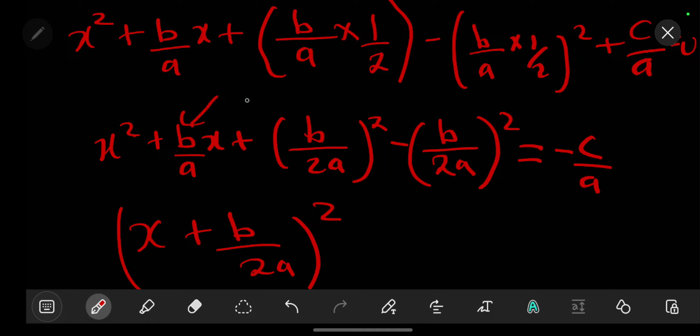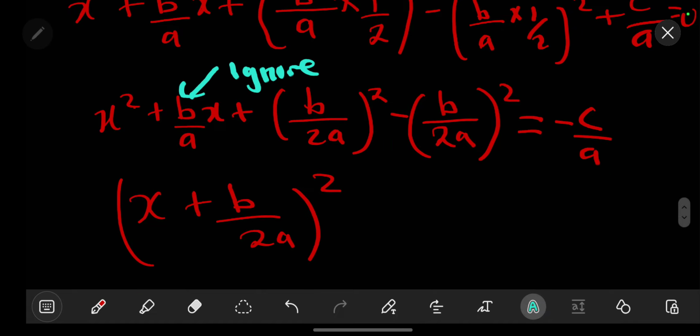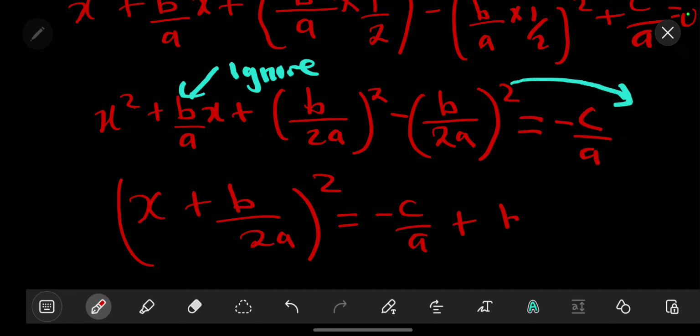Then that value you are going to ignore. Then we are going to have it equal to negative c over a. This value goes the other side like that. So when it goes the other side, it will become positive, since it's negative, positive b over 2a. Then it is squared like that.